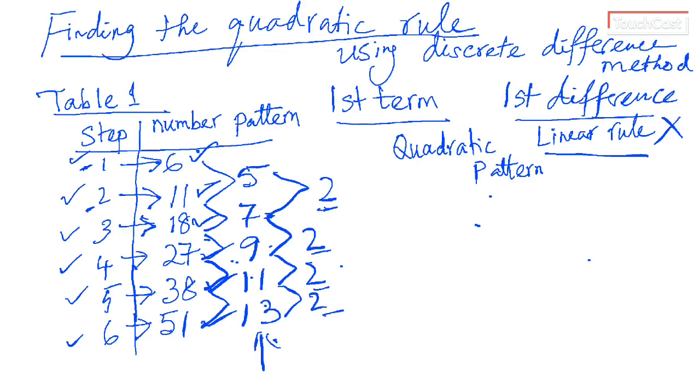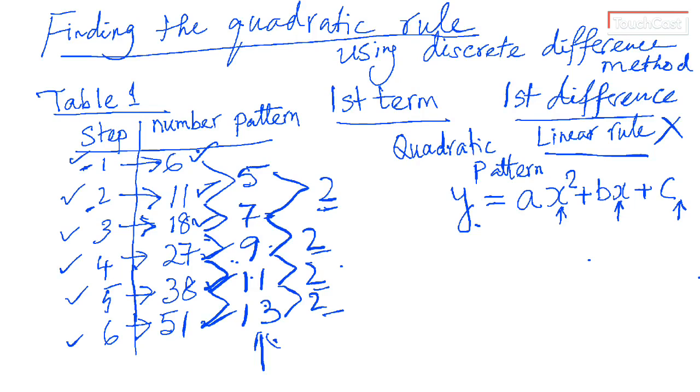Now if we try to write down the general quadratic pattern, y equals a times x squared plus bx plus c, we have to accept that the quadratic pattern starts with the x squared term, then x, and then a constant, which is basically x to the power 0.